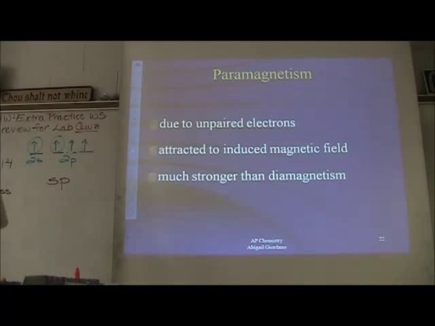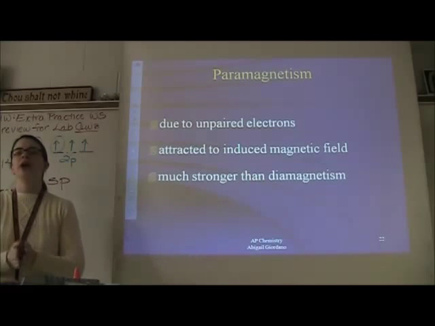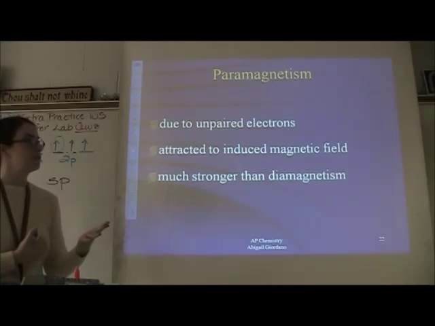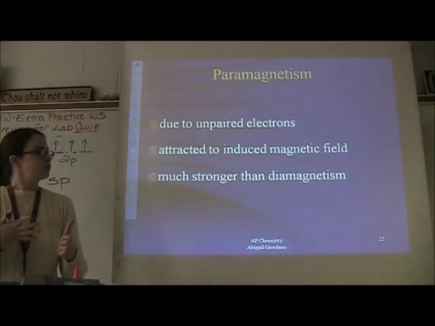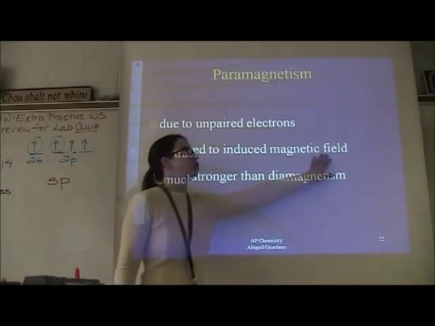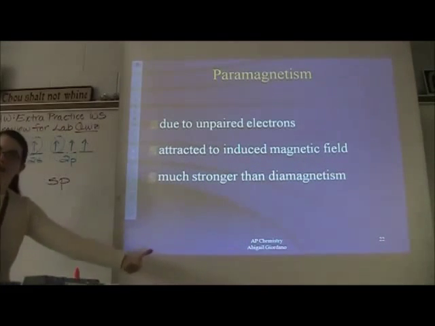Here's the thing. Whether you know it or not, ladies and gentlemen, some elements out in nature are naturally magnetic. Can you give me an element that is naturally magnetic? Iron. Yeah, your magnetic refrigerator is magnetic because it's made of steel, which is mostly iron. There are elements that, while you dig them up out of the ground, might not be magnetic, but if you bring them near a magnetic field, you can induce them to be magnetic.